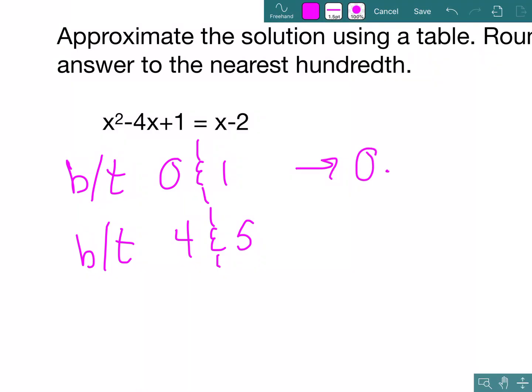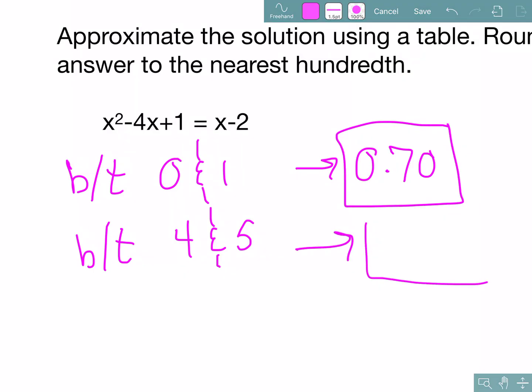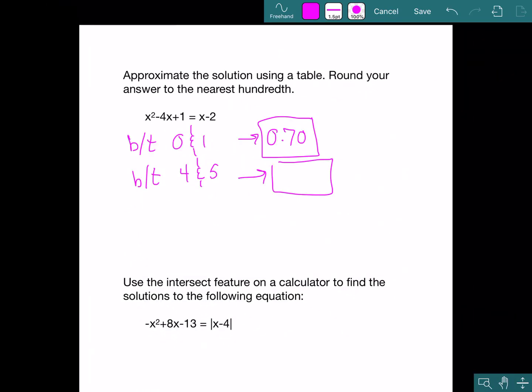So 0.70, 0.71, we're off by 0.03, 0.01. Looks like we're just going to go with 0.7. That appears to be where the two numbers are the closest. Okay, so my first answer here is going to be 0.70, rounded to the nearest hundredth.